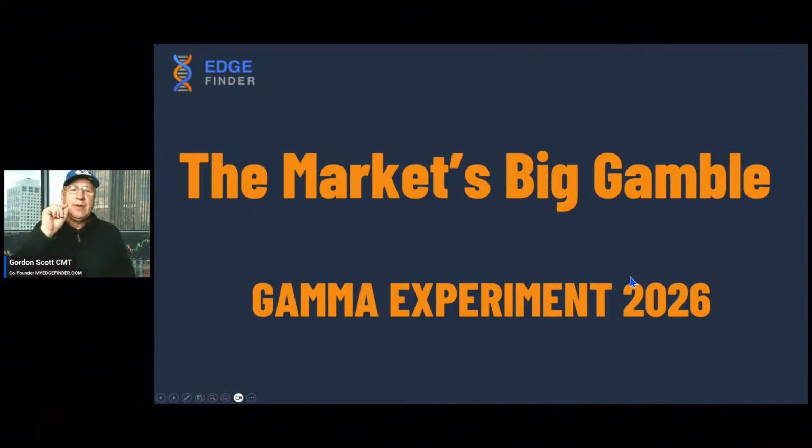And I've been using this tool, Edgefinder, to create a bunch of solutions for a specific set of stocks to take advantage of the market's big gamble. Here's what I mean.